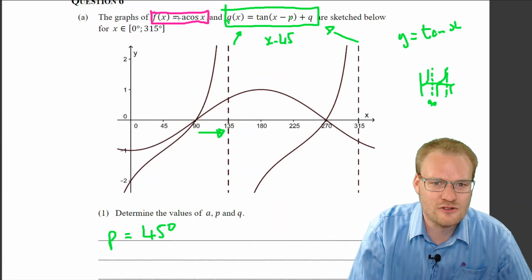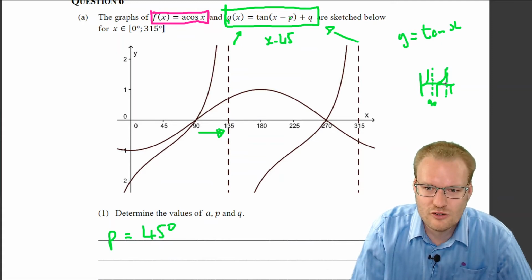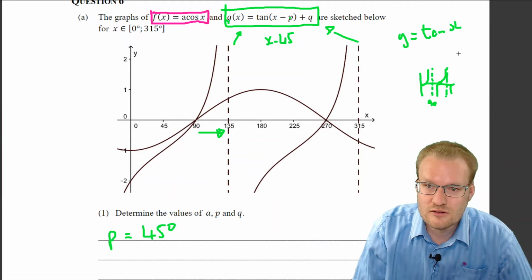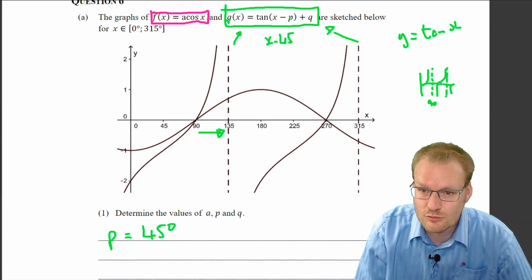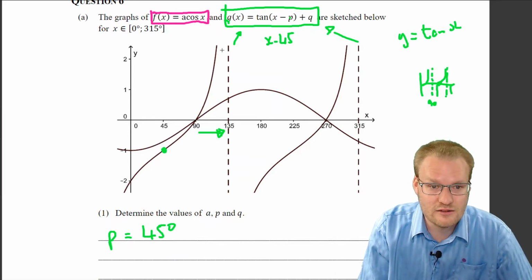Okay, and while we're on the tan graph, the plus q means that it's moved up or down. While our tan graph normally goes here and moves down on the axis, here we can see that it is happening down by 1. It's going there.